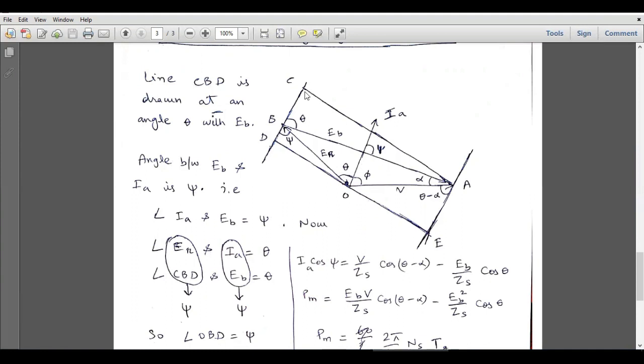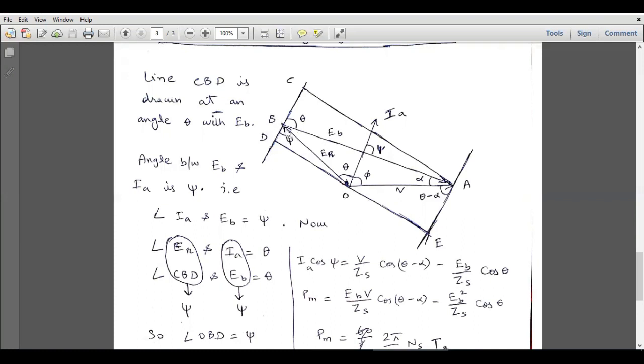So if the angle between EB and IA is equal to psi, the angle between ER and CBD will also be equal to psi, because the angle between these two vectors and these two vectors is the same. So the angle OBD is also equal to psi.